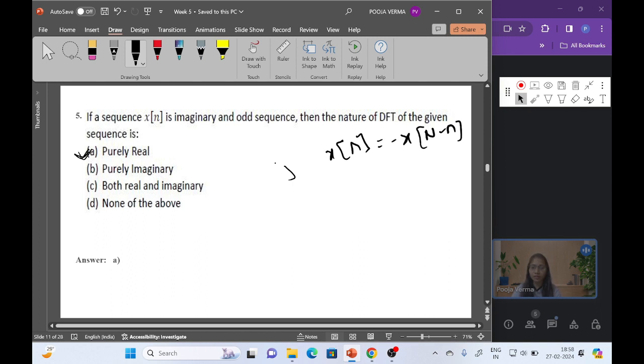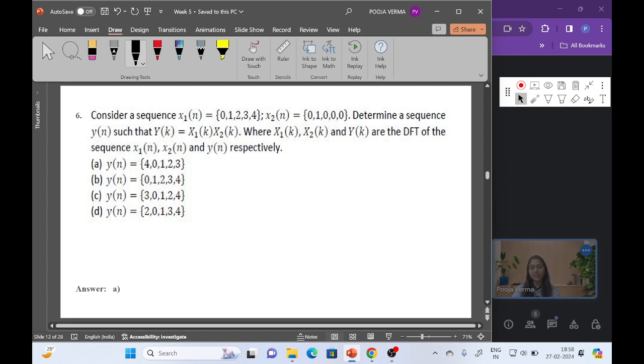Okay, so moving to the next question. Consider a sequence x1 of n equal to 0, 1, 2, 3 and 4, and x2 of n equal to 0, 1, 0, 0, 0. Then determine a sequence y of n such that Y(k) is equal to X1(k) multiplied by X2(k), where X1(k), X2(k) and Y(k) are the DFTs of the sequences x1 of n, x2 of n and y of n respectively.